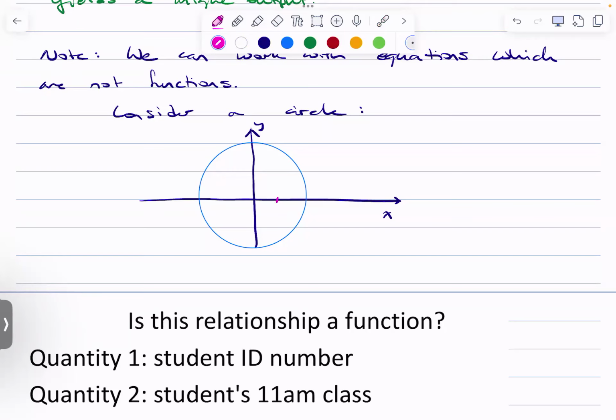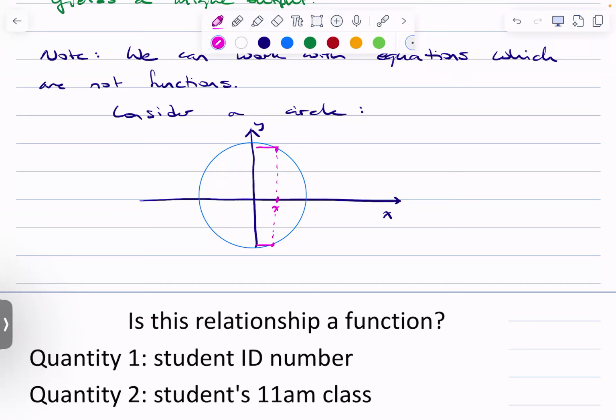So if I pick an x that's here, but then I try to map it back to my circle, which I can represent with an equation that we'll introduce eventually. But what do I get? I get two possible outputs, right? Two possible values of y.